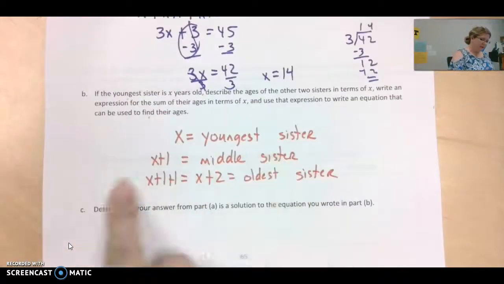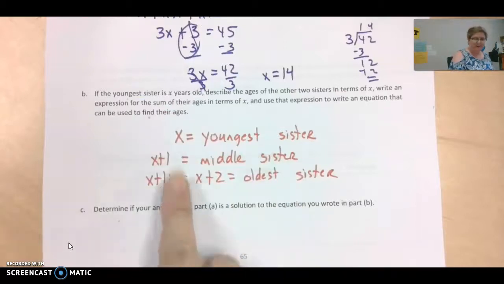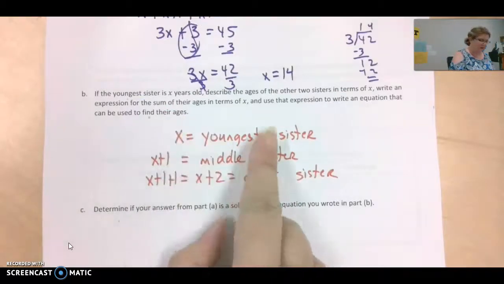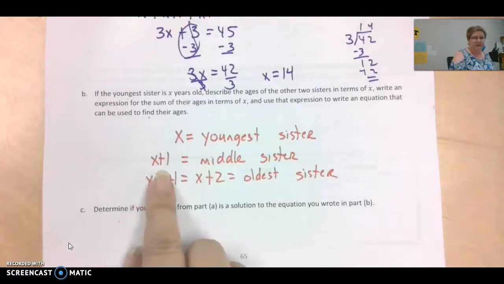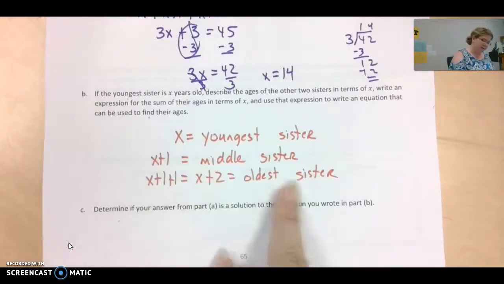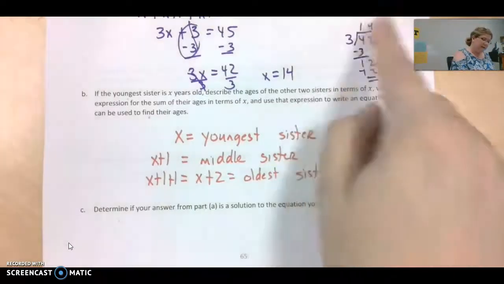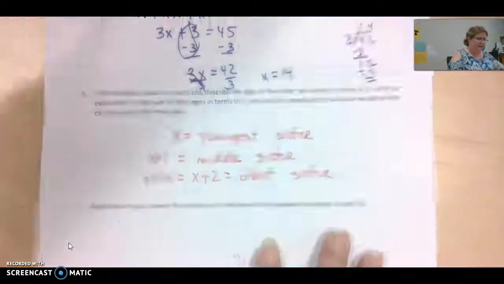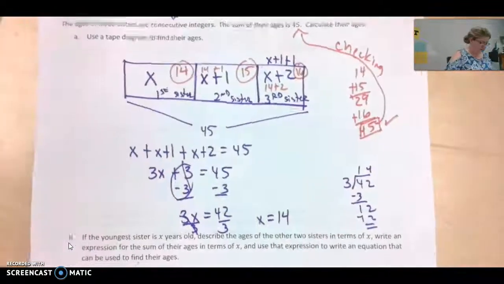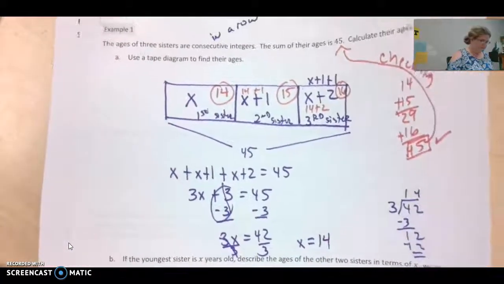So we had actually already done what it's asking us to do here, which is X would be the youngest sister, the next sister is X plus 1, and the next one is X plus 2. And then determine if your answer from part A is a solution. It is, and that was our checking step right here. So we've already done those things.